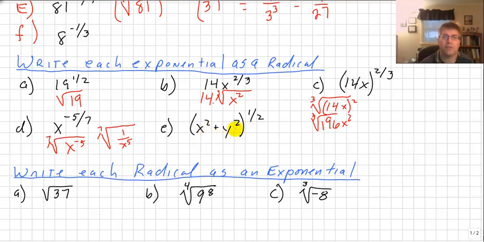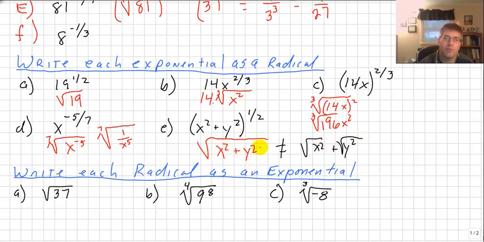And in E, x squared plus y squared raised to the 1/2 is the square root of x squared plus y squared. And just for clarification, this does not equal the square root of x squared plus the square root of y squared. That is an invalid operation.